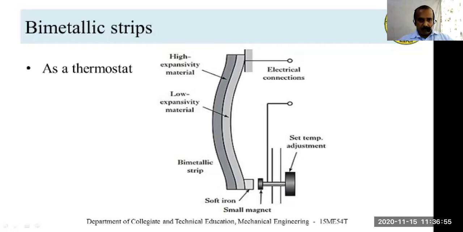When the temperature of the body is decreased, the strip straightens, opens the contact, so there is no power flow, or the vice versa condition may also occur, either to make the circuit or break the circuit.